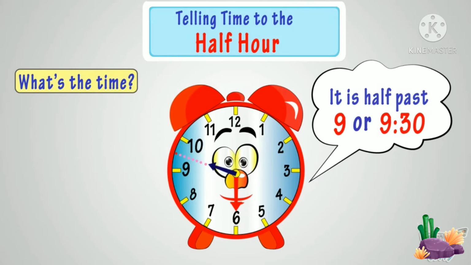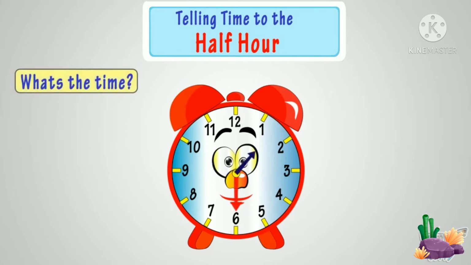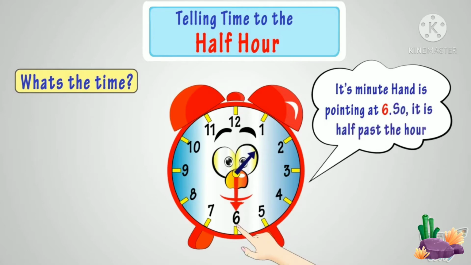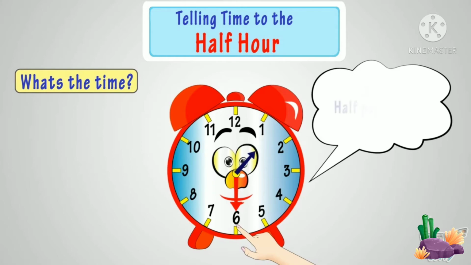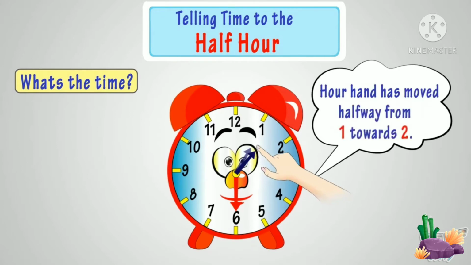Let's take another example. Try to figure out what's the time in this analog clock. The minute hand is pointing at 6, so it's half past the hour. Now, half past what? Our hour hand has moved halfway from 1 towards 2.